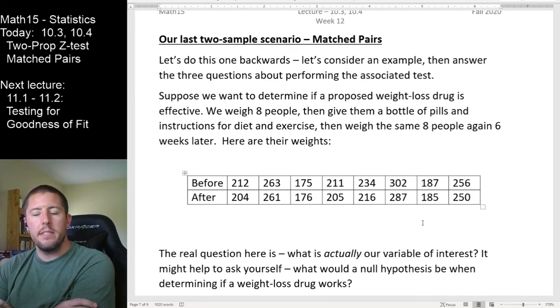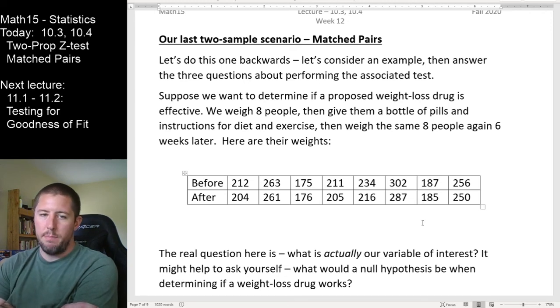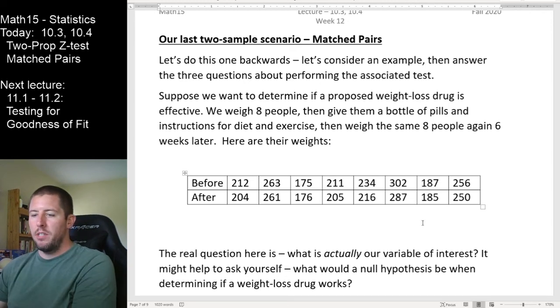And notice that what that's suggesting to us is that the thing that's actually of interest to us here is not the before sample, it's not the after sample, but it's the difference in weights between the before sample and the after sample here, right?